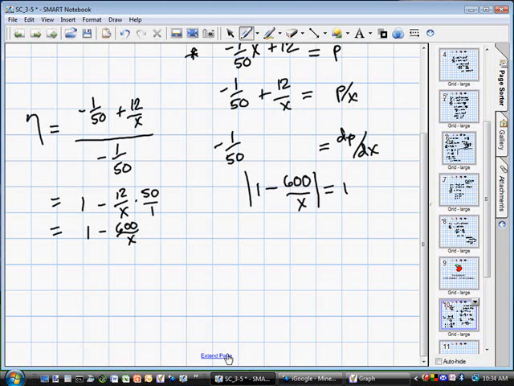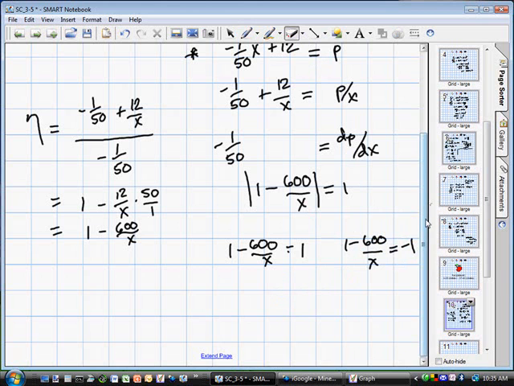Well, if we subtract 1 from both sides, we can't do that. It's 1 minus 600 over x equals 1, or 1 minus 600 over x equals negative 1. I think I need to look at these some more.